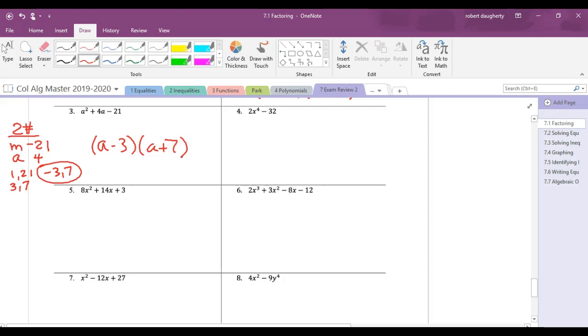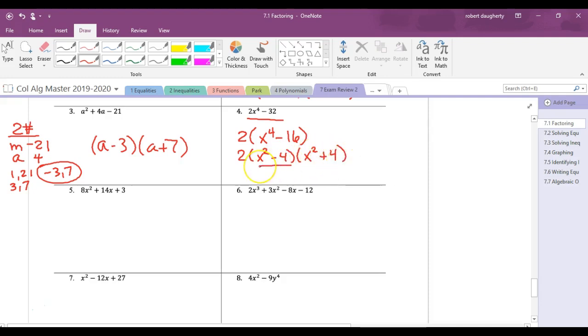Next one, 2x to the 4th minus 32. I can tell that both of those I can factor a 2, x to the 4th minus 16. That's greatest common factor. What's inside the parentheses is a perfect square. So this is 2, x squared minus 4, x squared plus 4.